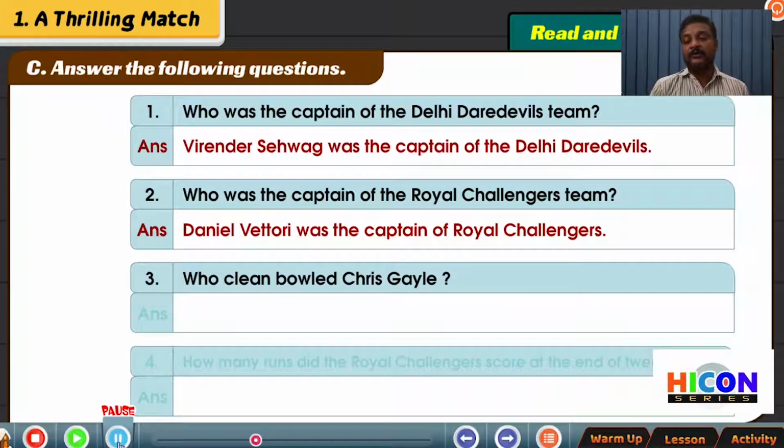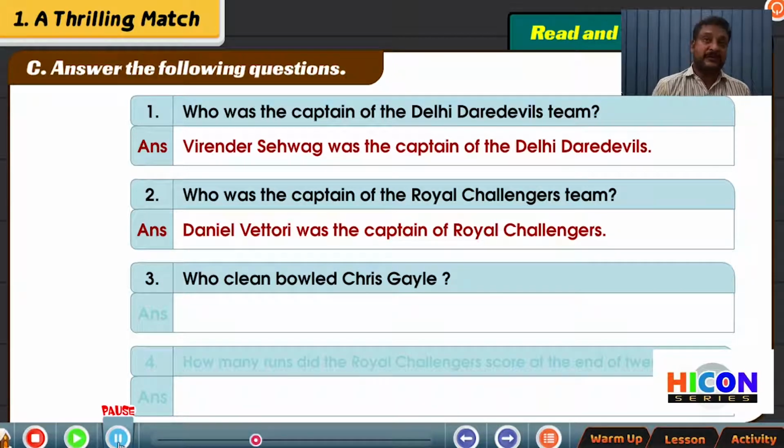Who clean bowled Chris Gayle? Chris Gayle came out to open the batting for Royal Challengers. He even hit the first ball of Irfan Pathan for a six, and he batted well through the first 15 overs.